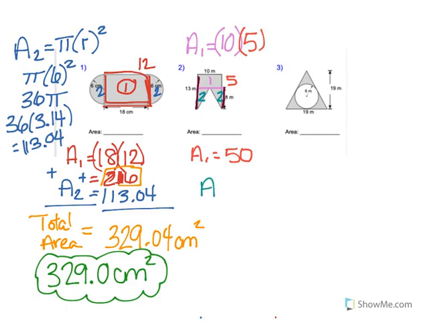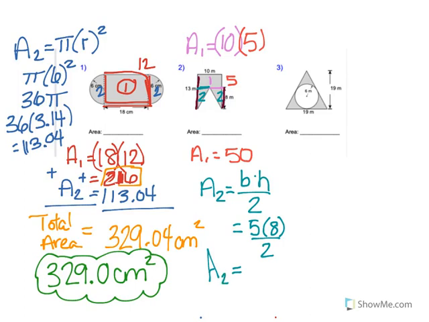So, the area of the second figure, the triangle, well, the formula for a triangle area is base times height divided by 2. Now, what we have to figure out here is this little base. And since it's going to be cutting the rectangle in half, I know that my base is going to be 5, my height is 8, and I have to divide that by 2.